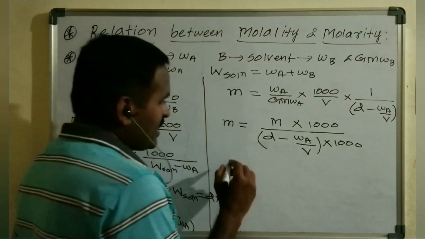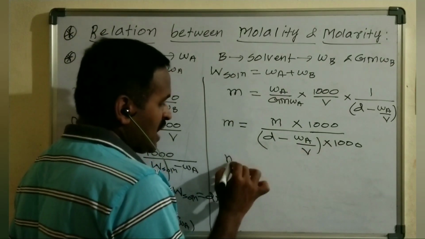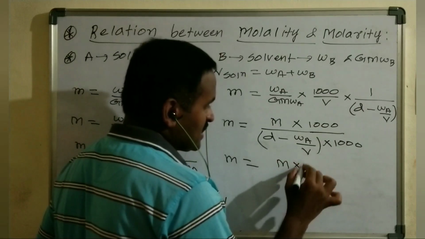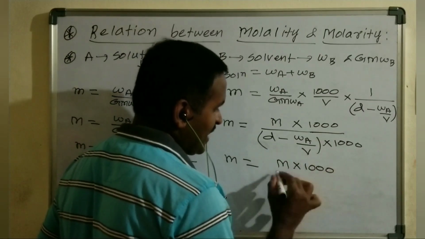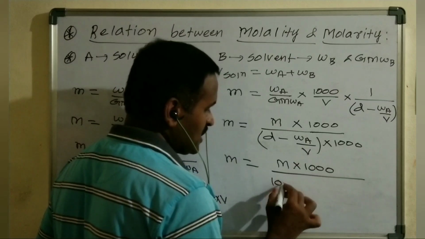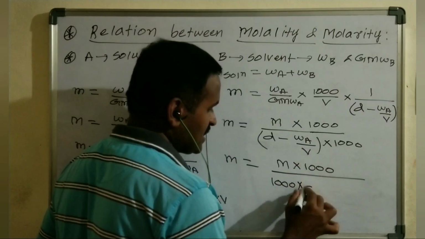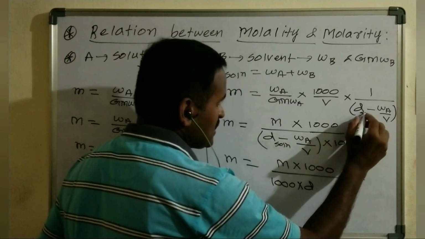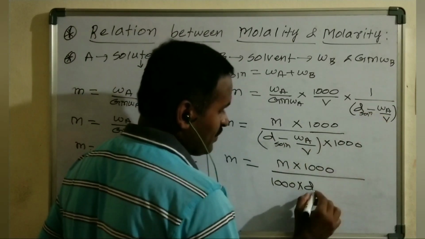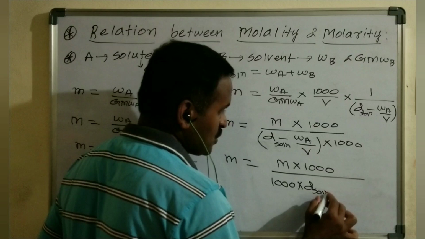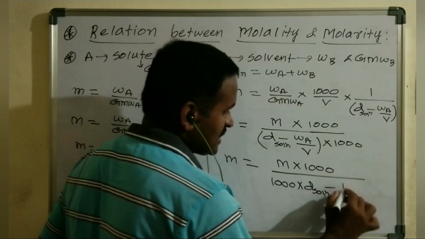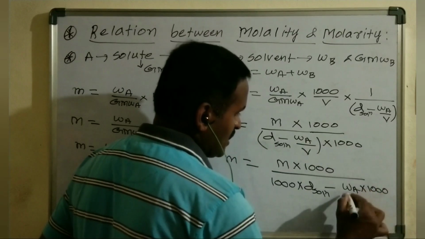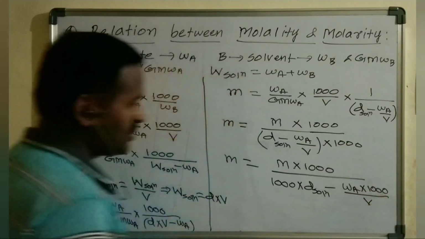So I can write molality is equal to M into 1000 divided by 1000 into density of the solution minus WA into 1000 divided by the volume of the solution.